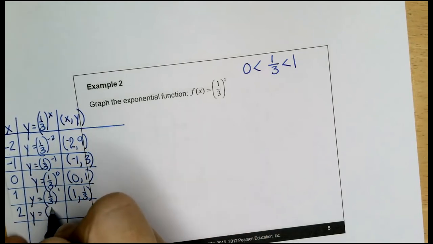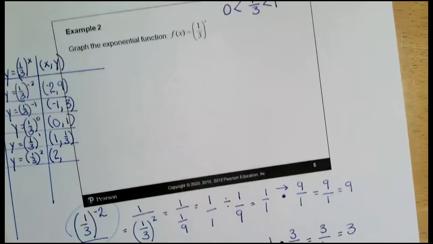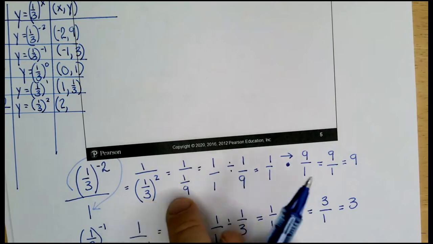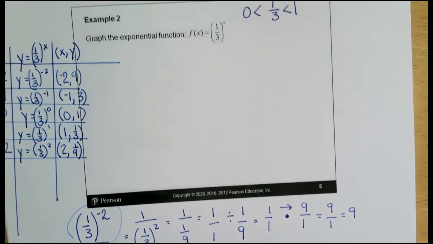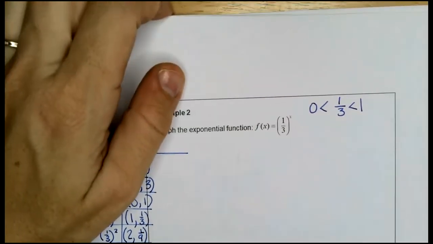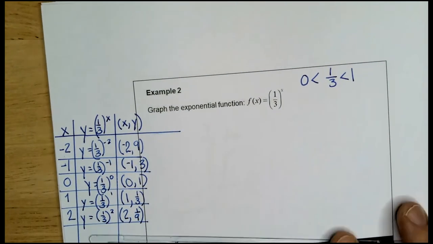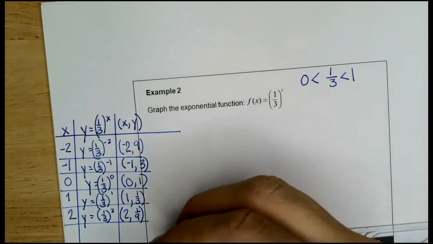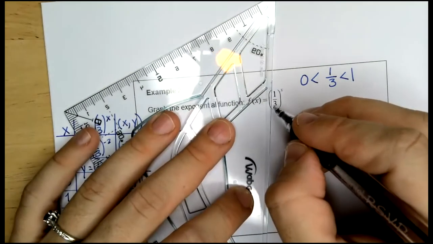Where x equals 2, we already did that here. (1/3) squared is 1/9. All right, and I am ready to graph. You might notice how similar it looks to that first graph we did. All right, keeping it all above y.